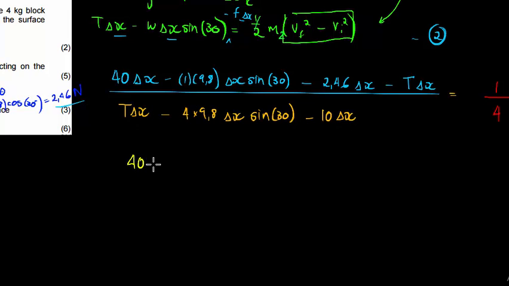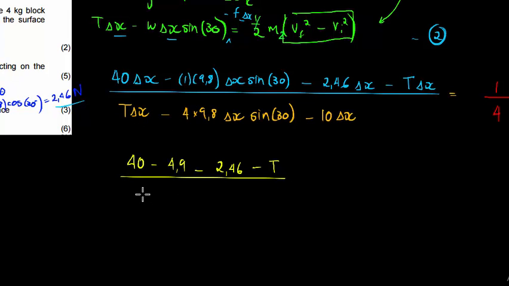That's 40 minus, and this is a half, so this becomes minus 4.9, minus, this becomes 2.46, minus t, delta x I've now cancelled. Okay, so that divided by, in the bottom, I took out a delta x, and in the end it cancelled.